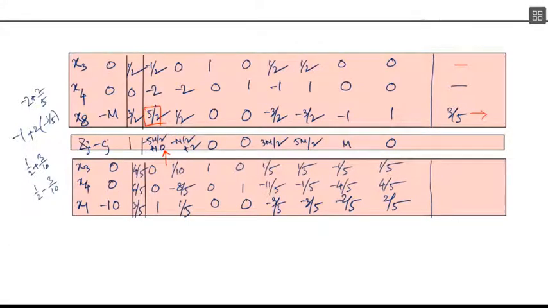Okay, so we calculate the Zj minus Cjs again.